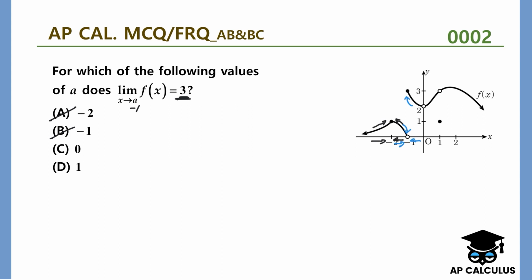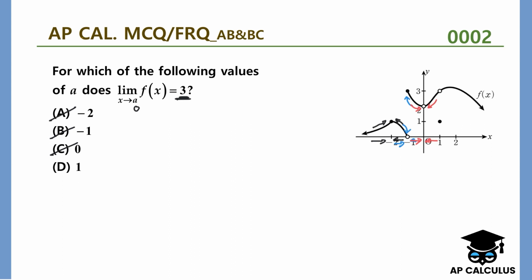C, we have 0. So if we have 0 here, let's check the limit value. As x approaches 0 from the left-hand side, that approaches 2. From the right-hand side, it also approaches 2, right? So the limit value is equal to 2, not 3.